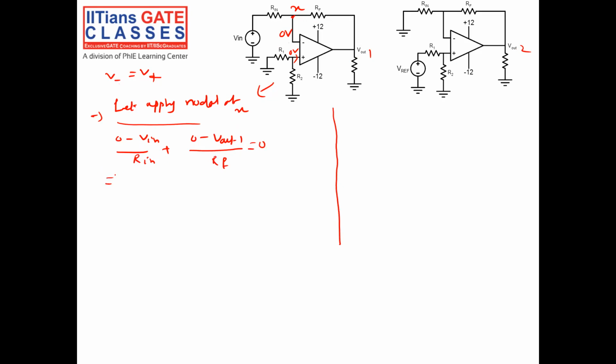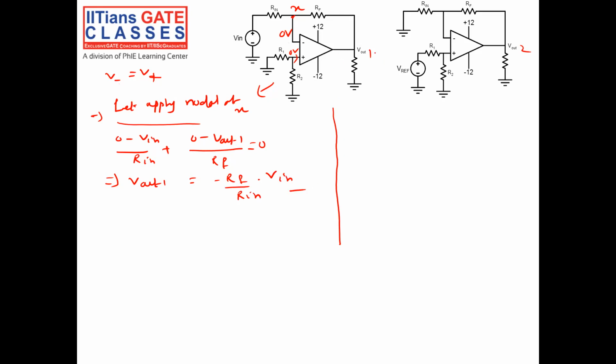If you solve this, what will we get? V out 1 is equal to minus RF by R in, into V in, right? This is my V out 1.